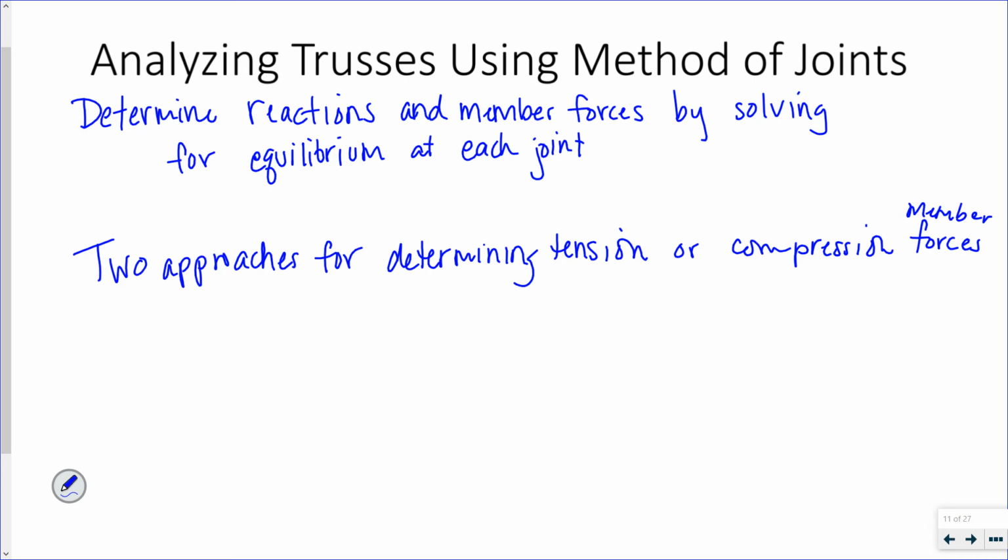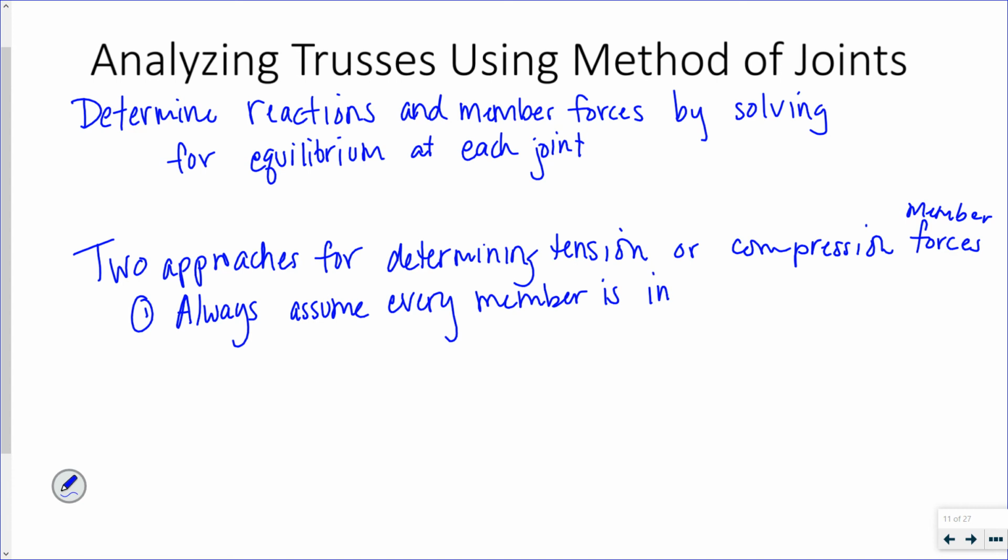You can either assume everything's in tension and find out that it's not, or you can make a guess and see if you're right. One, always assume every member is in tension, and if it comes out negative, that means it's in compression.